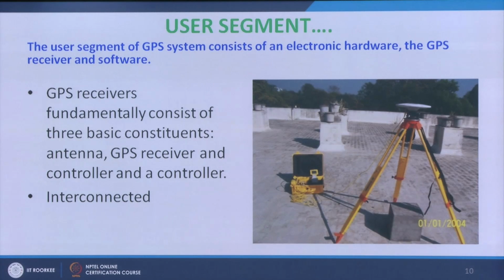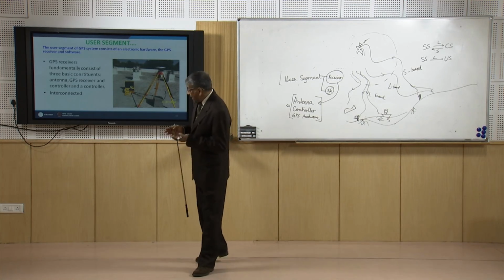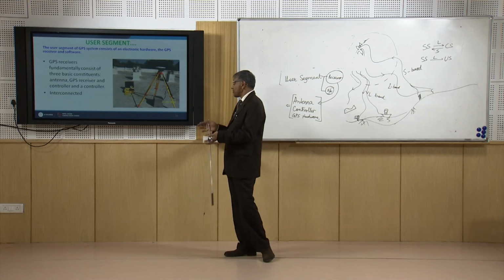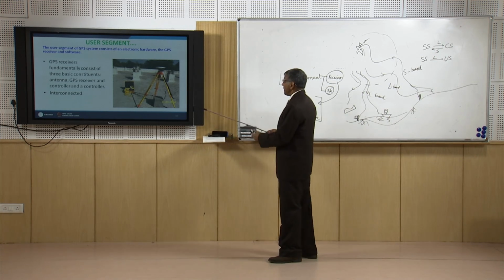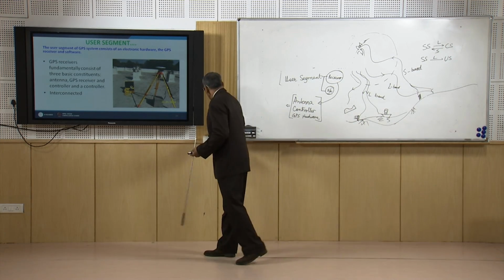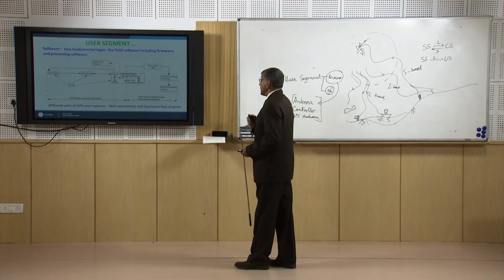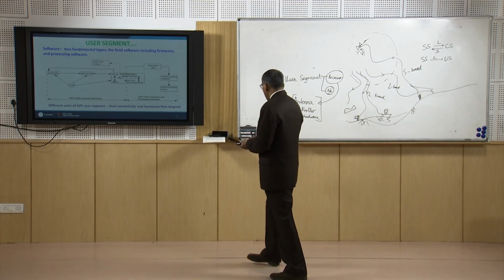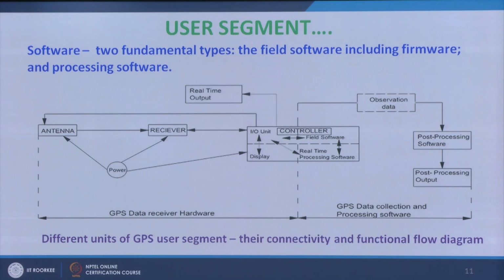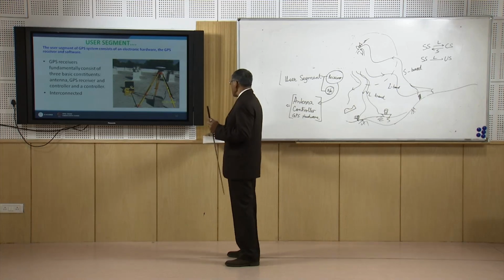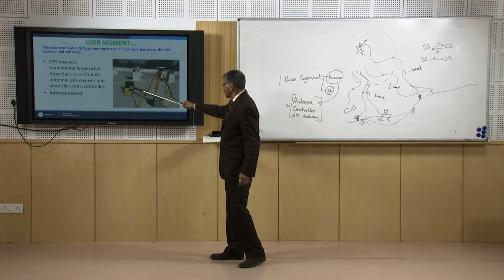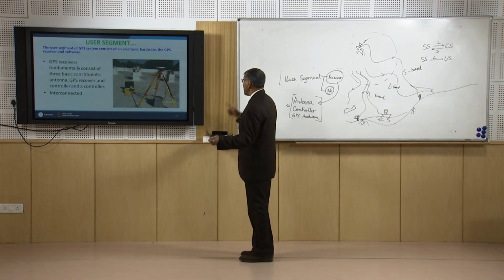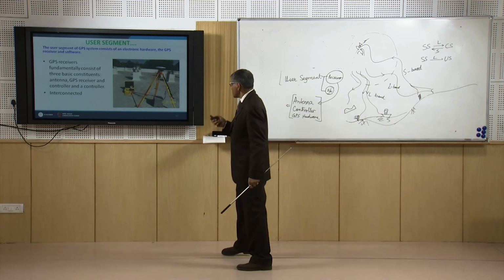So the controller is the part of the instrument which controls the whole activity of the GPS receiver. And one more thing, the controller does these activities making use of software. So there lies the use of software.